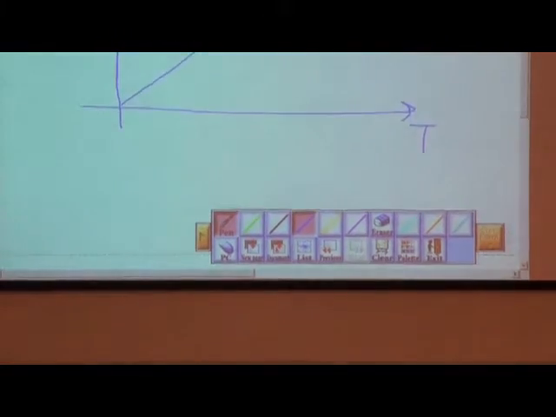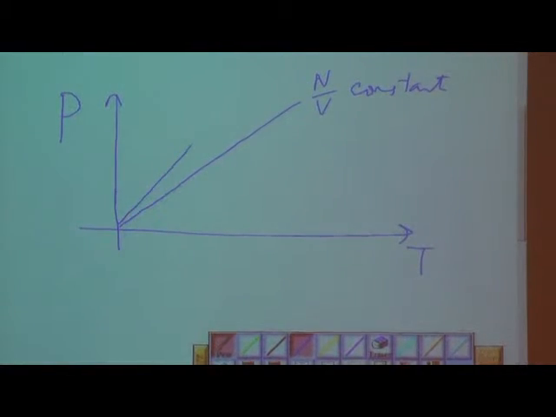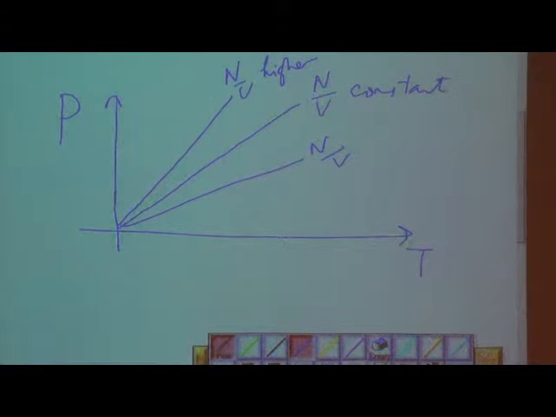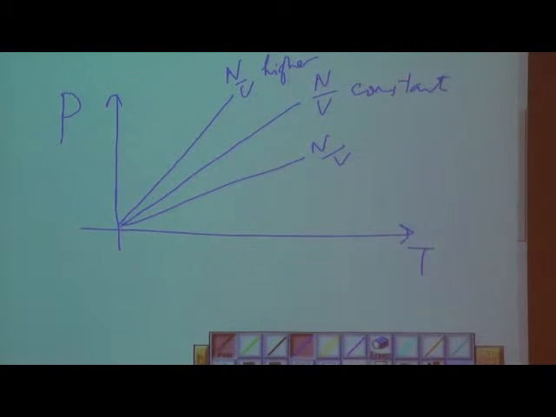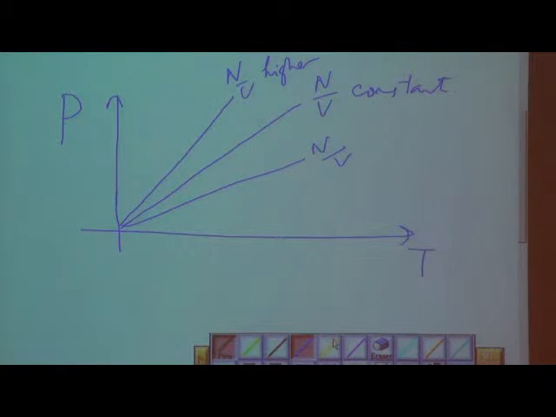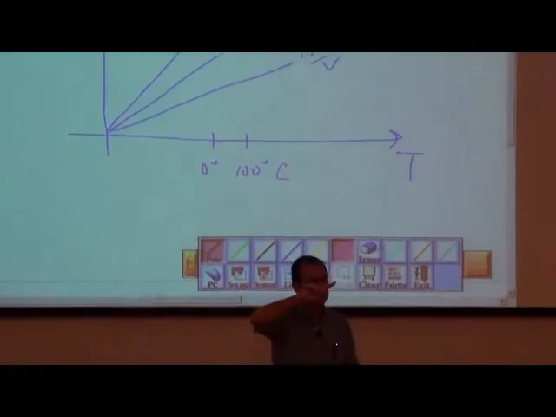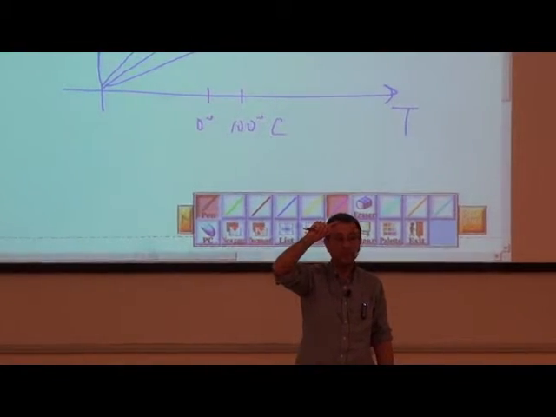So with a different N over V, you get straight lines. And then, if you now put the centigrade scale here, you notice that in the experiments, as you increase higher temperature, higher pressure, and it's a straight line, okay?